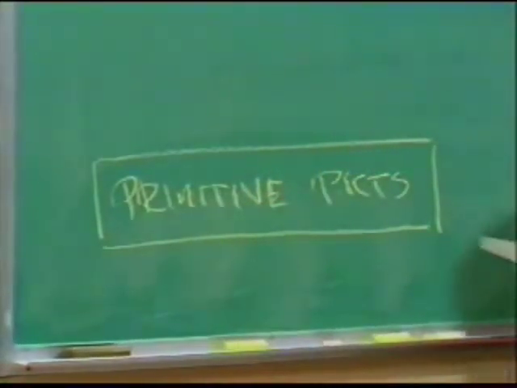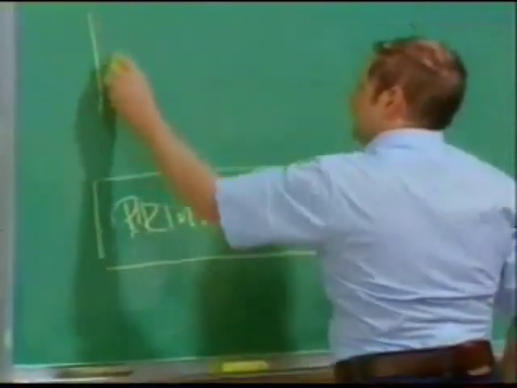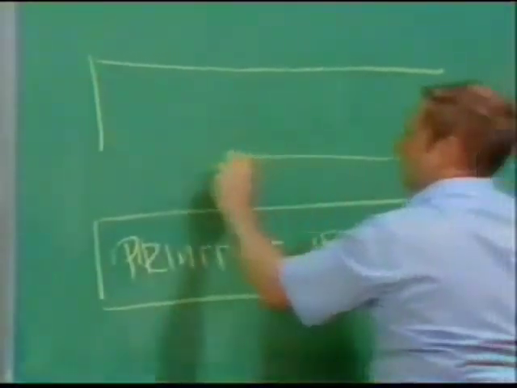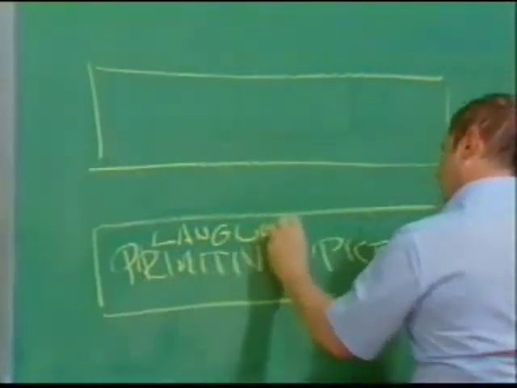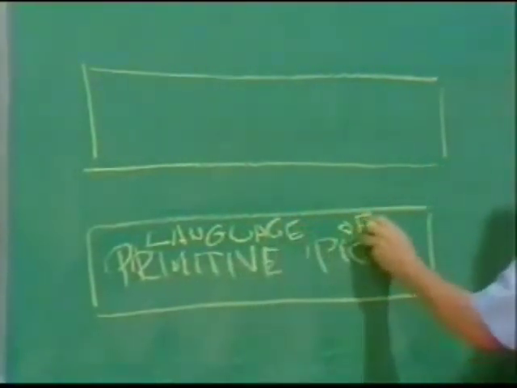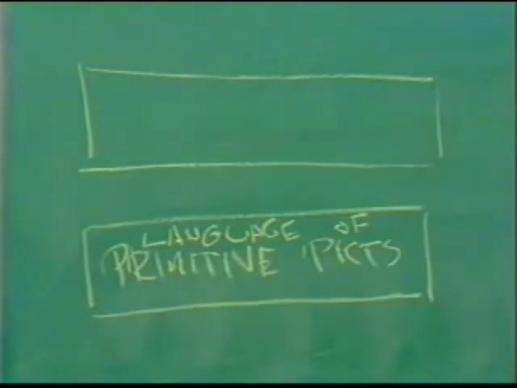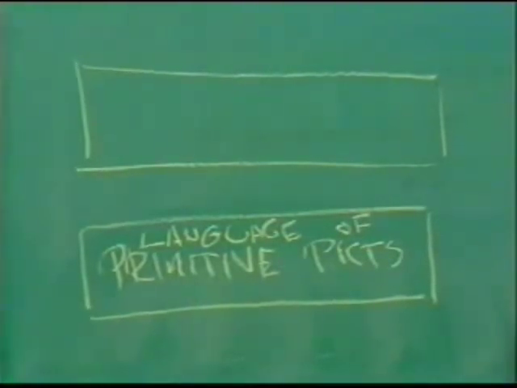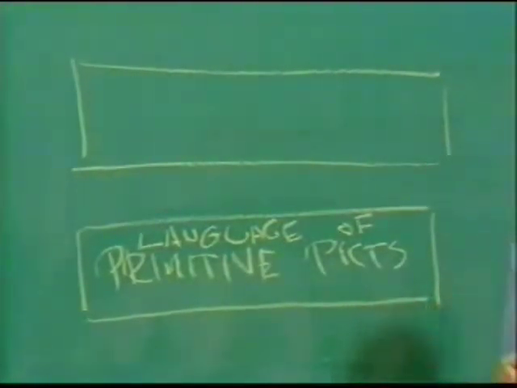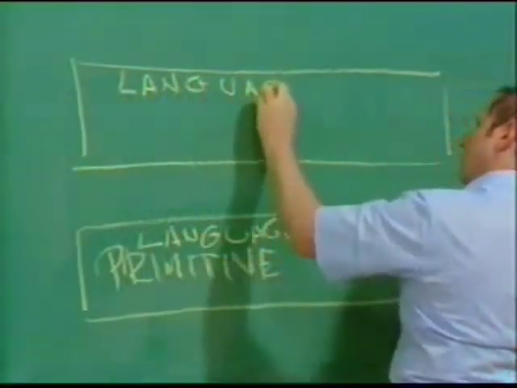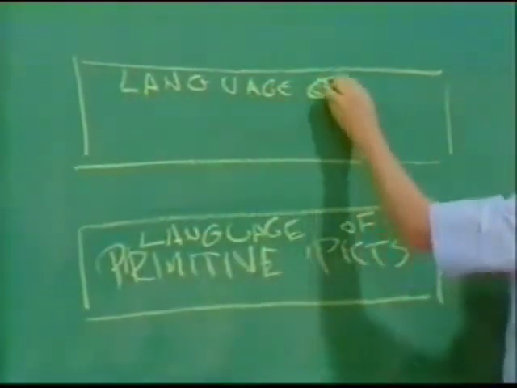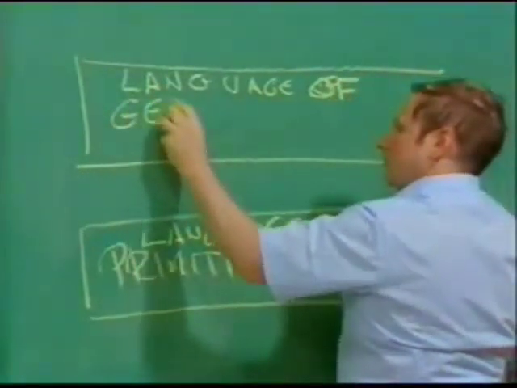And then on top of that, right, on top of that, so this is the language of primitive pictures, right, talking about line segments and particular pictures in the unit square. On top of that was a whole language. There was a language of geometric combinators, right?